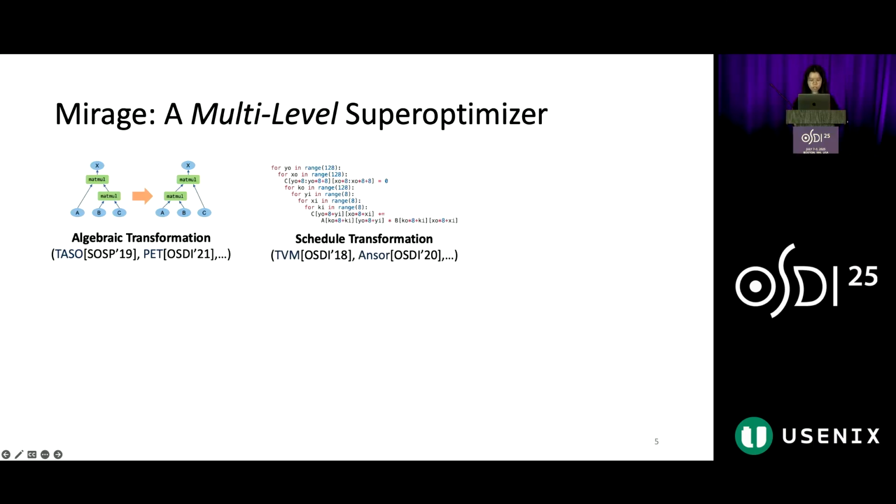Another category of work, including TVM and Ansor, perform schedule transformation to improve the efficiency of individual kernels. However, all of this work rely on the users to define the computation of kernels and cannot generate customized kernels whose computations are not standard.